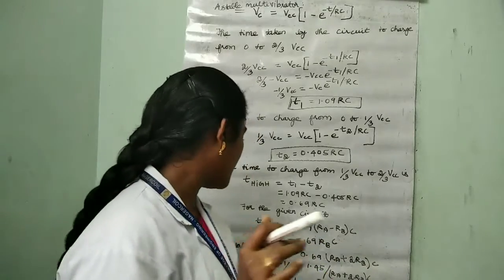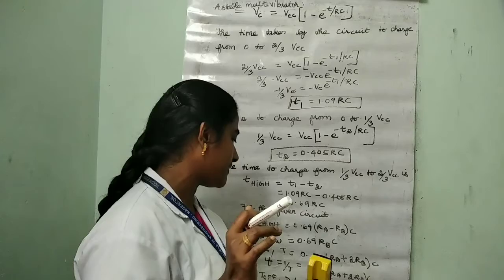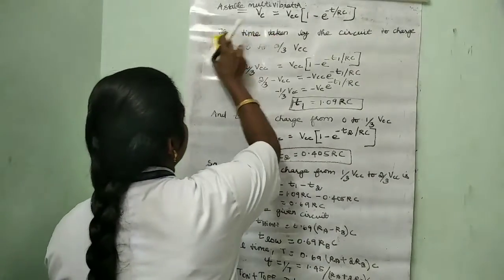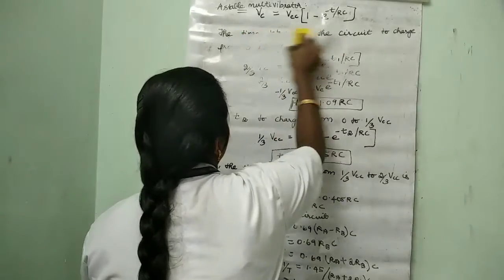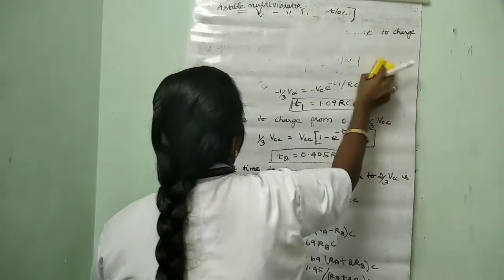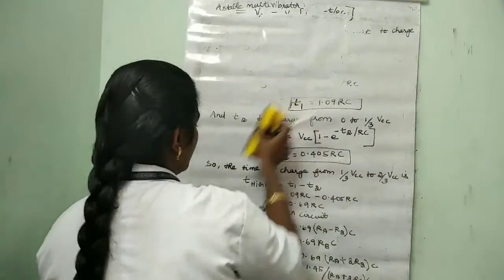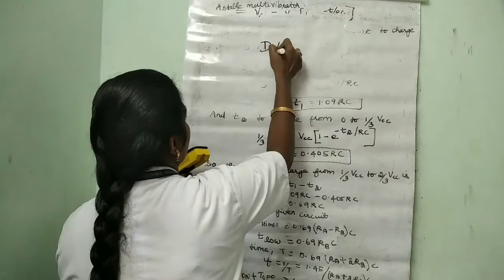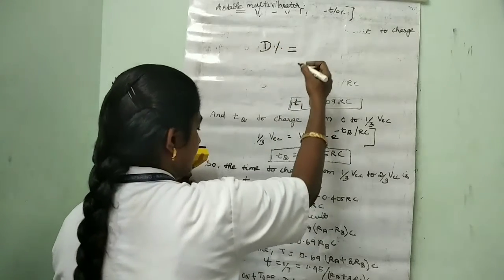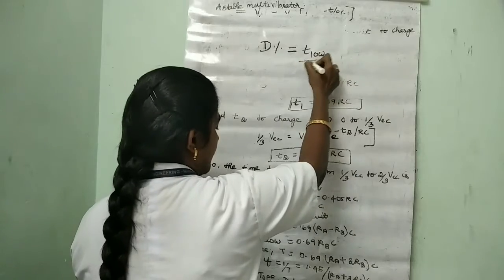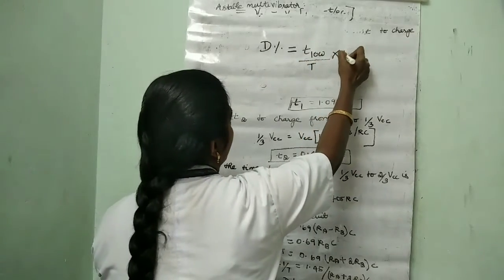Okay, so for this you have to find the duty cycle. Duty cycle, we are going to find D percentage is equal to T low divided by T into 100.